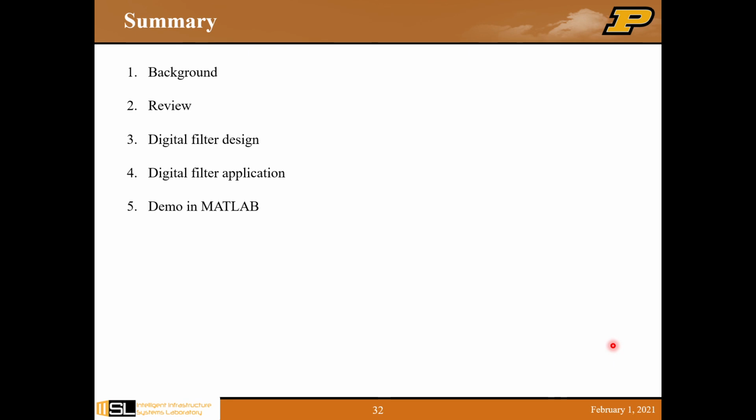And eventually we quickly went through the demo, the implementation in MATLAB. So that's it. Thank you for listening. After that, we will have a chance to go through together how to design the filter in MATLAB and apply it to real-world data. Thank you for your attention.